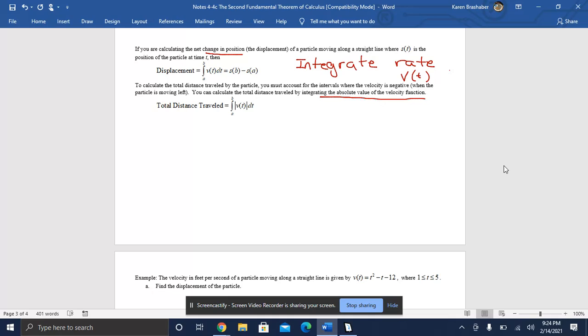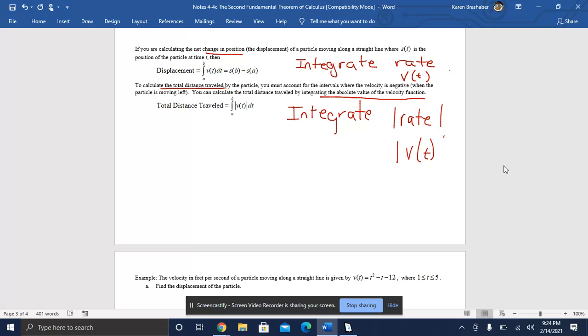So if you're trying to calculate more than just the change in position, but rather the total distance traveled, then you integrate not just the rate, but the absolute value of the rate. So the absolute value of v of t.